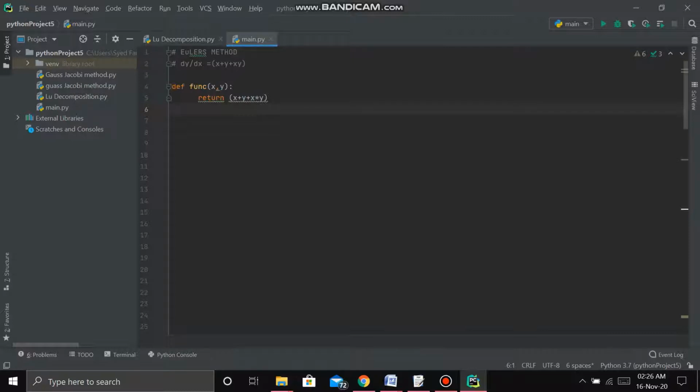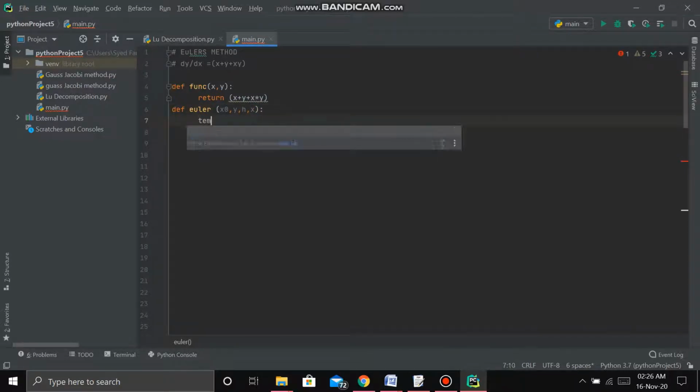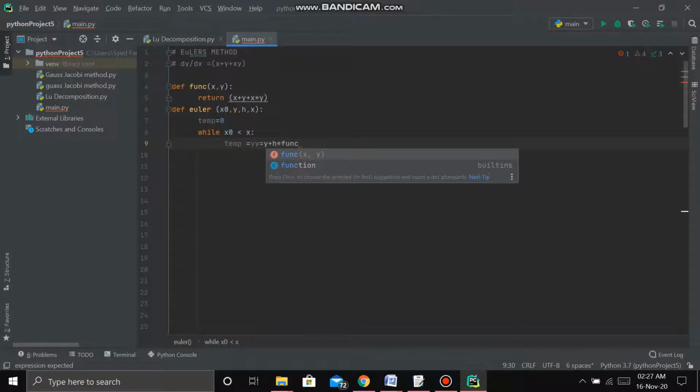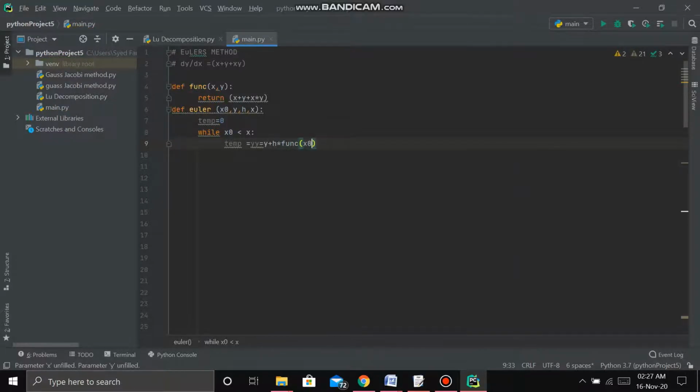Now putting the function for Euler's formula, that is def euler(x0, y, h, x): temp = y, and y = y + h * f(x0, y), and then x0 = x0 + h.